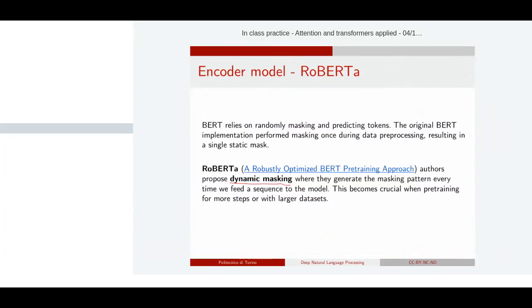If I do this dynamically during training, I mask different words instead of always masking the same words from the same sequence, and I can learn a better representation for those words. But it's a very minor evolution of the original BERT model.